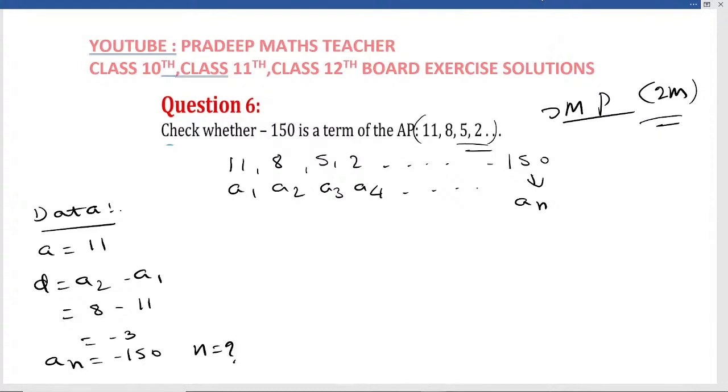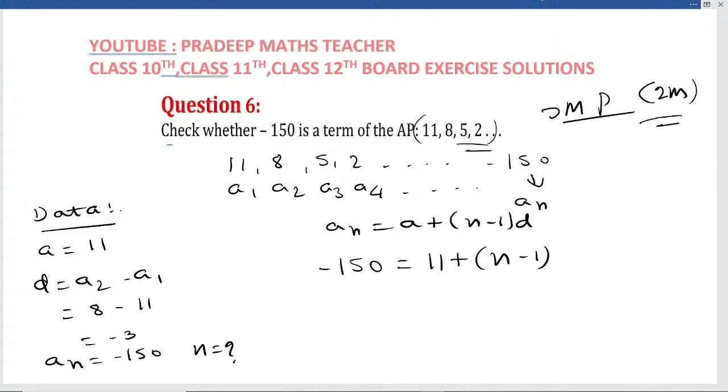Now I'll write the nth term formula: an equals a plus n minus 1 into d. Now I'll apply the data to the formula. an is minus 150 equals a is 11 plus n minus 1, and d, the common difference, is minus 3.